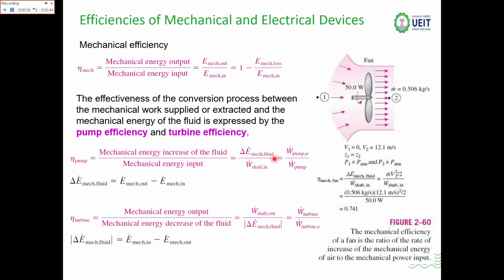The energy of the fluid is increased through the pump, and the input is the shaft work or the mechanical energy. So the pump efficiency is E fluid over W shaft. Similarly, for a turbine, the output is the shaft work and the input is the mechanical energy of the fluid.